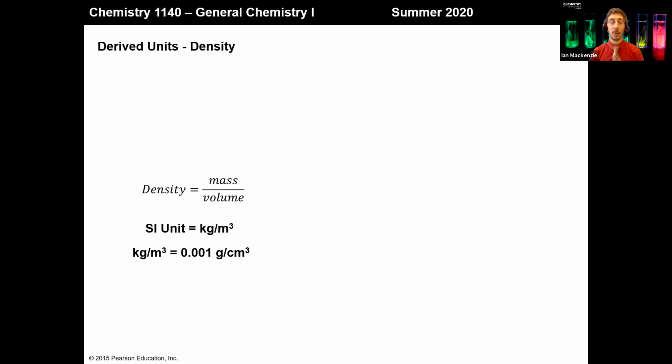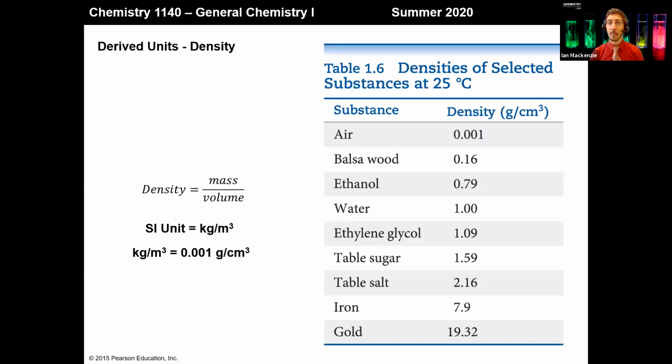And so we should be aware that the conversion between kilograms per meter cubed to grams per centimeter cubed is that 1 kilogram per meter cubed is equal to 0.001 grams per centimeter cubed. This is by far the more common, and here's just some examples of densities for common substances. Air, for example, has a very low density.